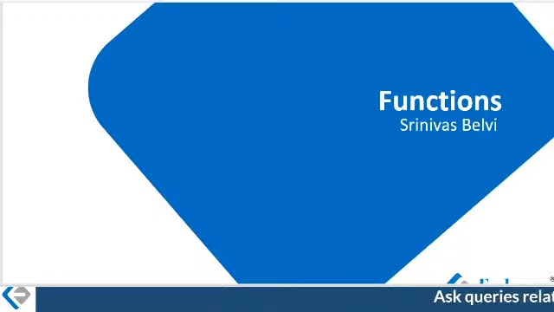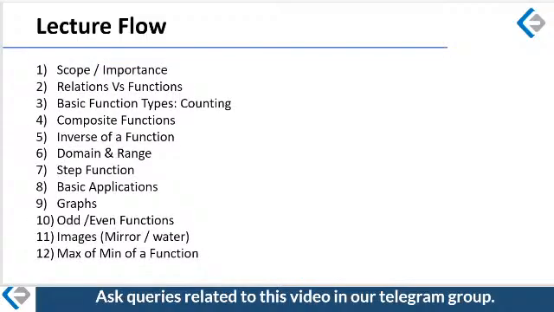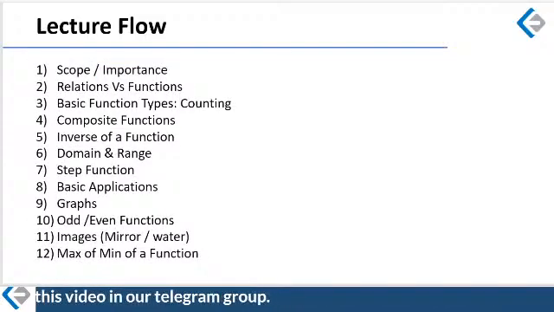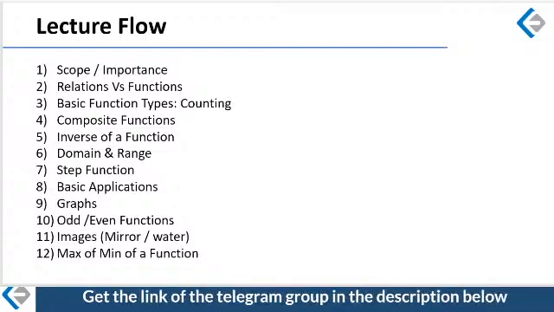But let me help you with as many concepts as I could through the next 100 or 120 minutes. Right. So if you want to take a look at the things that I may be willing to discuss today, I have the desire to complete all of this. That is the scope and importance of this lecture. Then relationship.